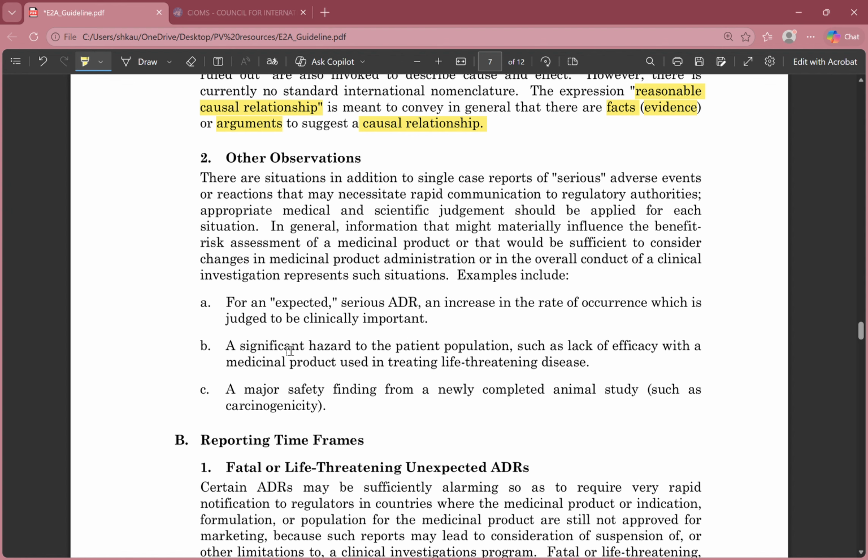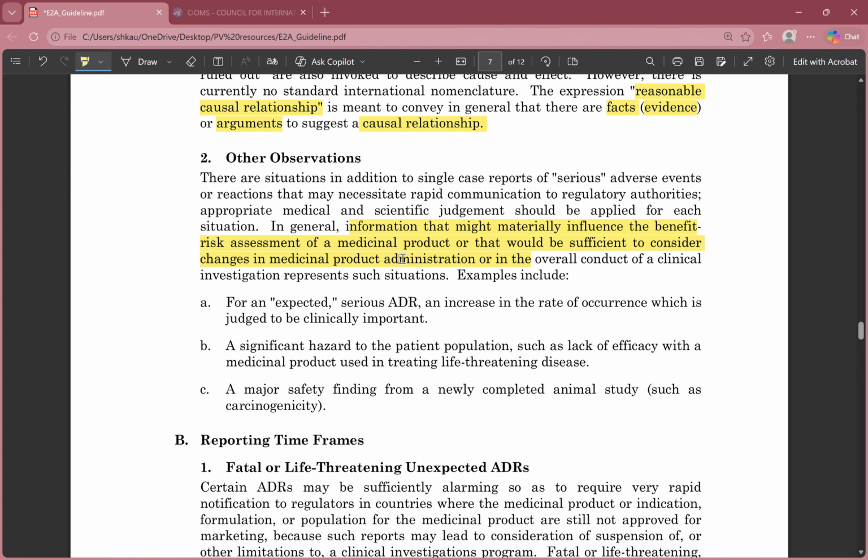So we have 3 points mentioned here, which I'll discuss later, but for now let's discuss the first part. We have that any information that is influencing the benefit risk assessment of a medicinal product. That means, for the benefit risk assessment of a medicinal product, its benefits should always outweigh the risks associated with it, right?